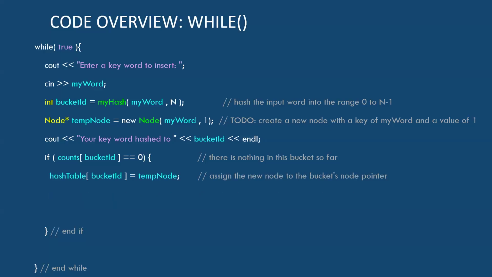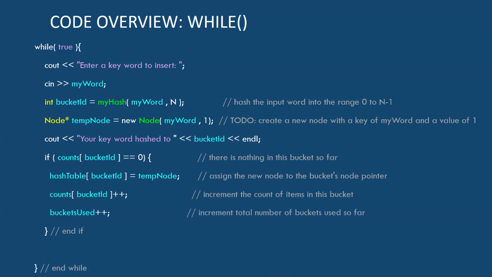Okay, if there's nothing in there, we're going to hook up the node and we're going to increment the number of things in that bucket. Okay, so we haven't had any collisions yet. Okay, but we have incremented our number of buckets used because this was a 0 count. Okay, so nothing was in that bucket so far.